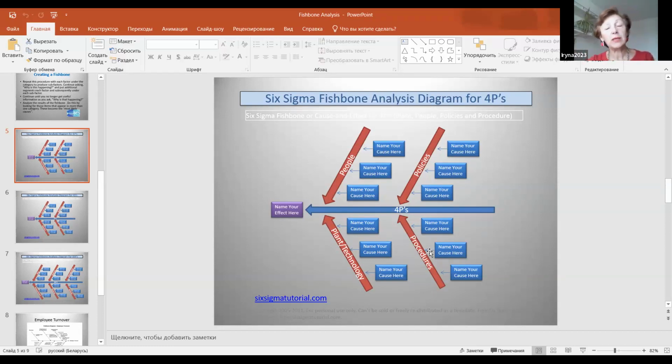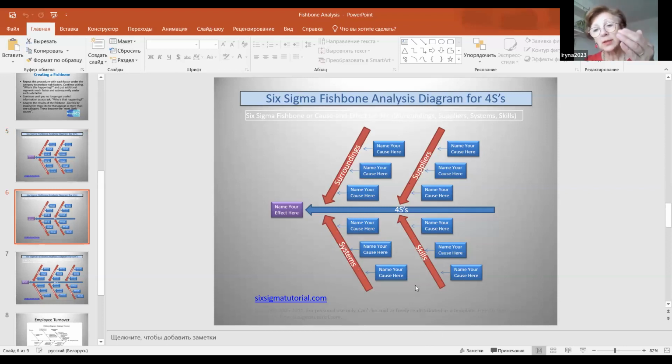You can find the name for the cluster yourself.